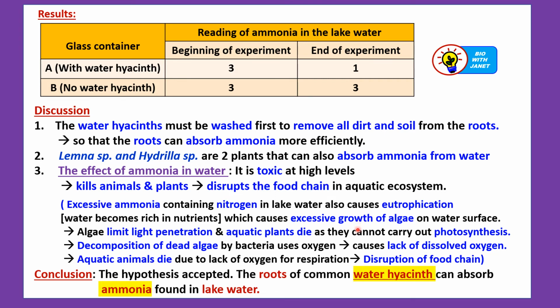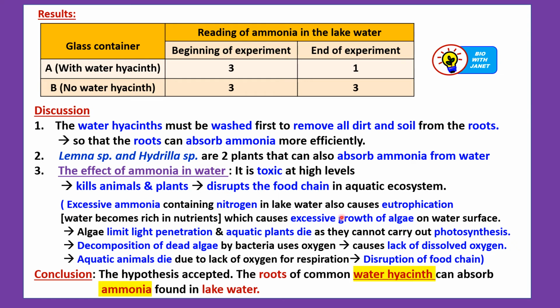Then decomposition of dead algae by bacteria also causes oxygen in the water to be used up. So if the aquatic plants submerged in water die, they cannot produce oxygen for the water through photosynthesis. And then decomposition of dead algae also uses up a lot of oxygen by the bacteria. So in the end, the water, which has a lot of ammonia, will have a lack of oxygen.